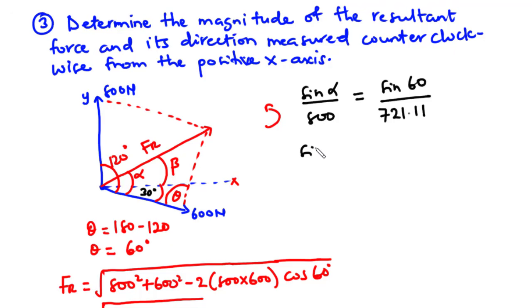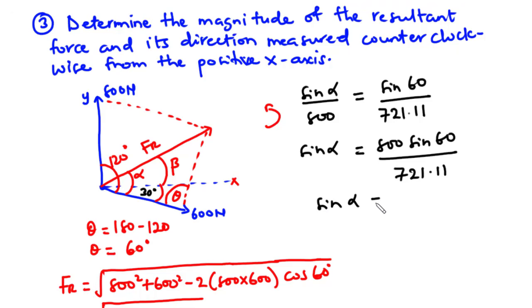So we have sine alpha to be equal to 800 sine 60 divided by 721.11, and then sine alpha is equal to 0.9608.